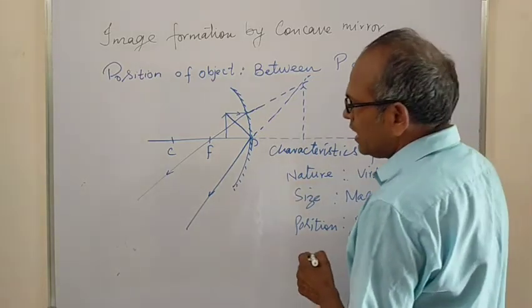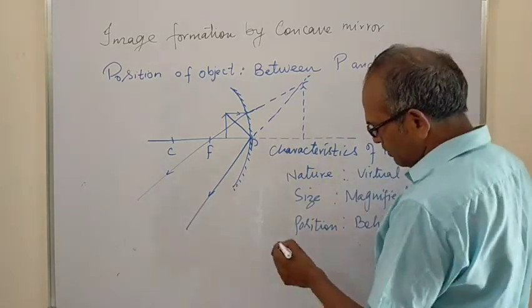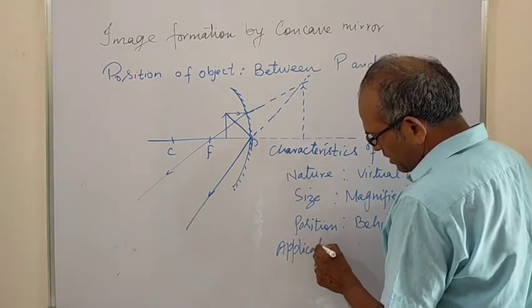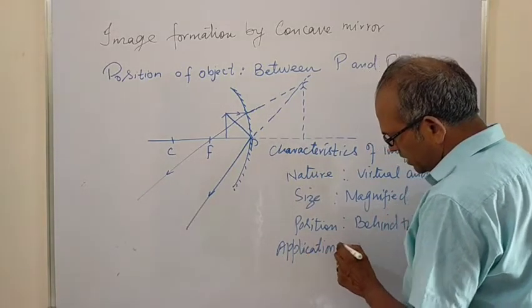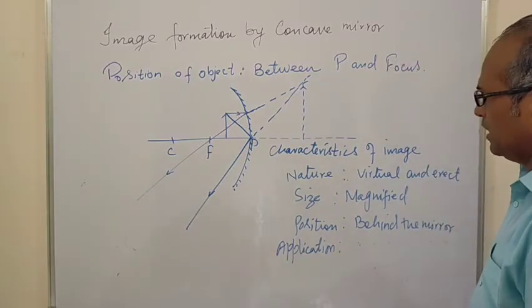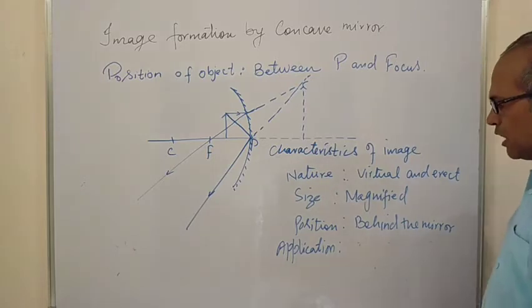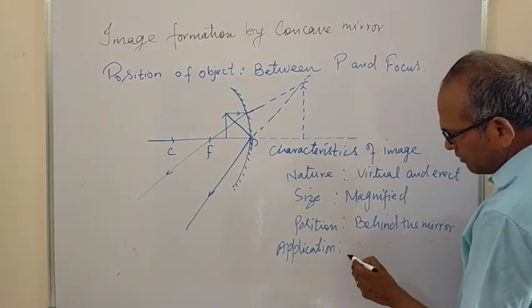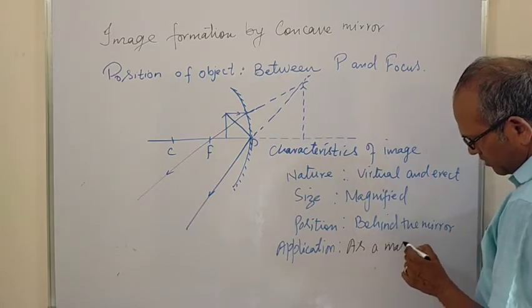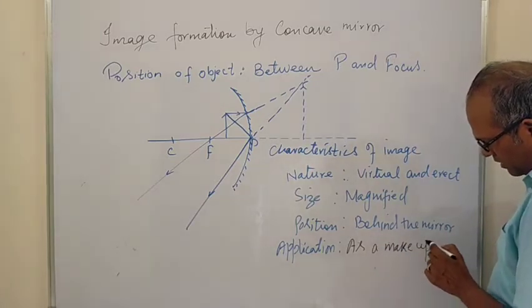Okay. So what is the application of this mirror? Where do we apply? We apply this mirror to get a magnified virtual erect image of the object, as a makeup mirror.